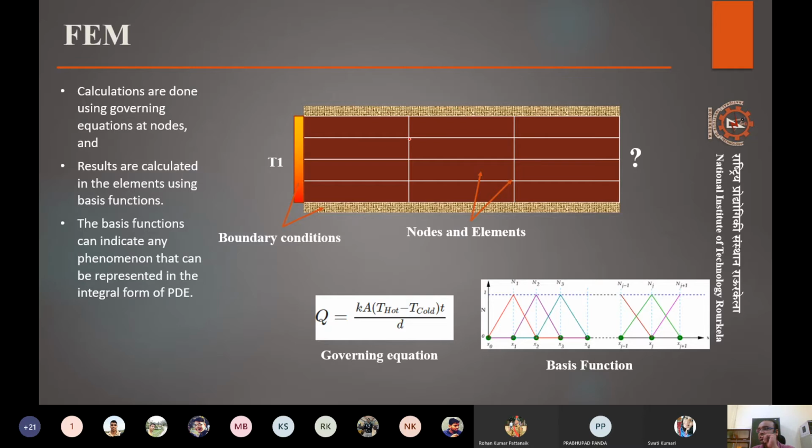And the nodes were the only positions where the whole calculations were done. And the middle values were calculated based on certain relations, either linear or non-linear, which were called the basis functions. This we have already gone through, and we have done so many examples.